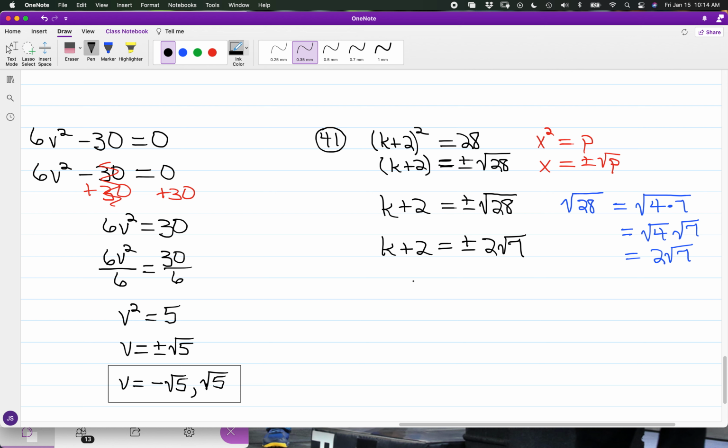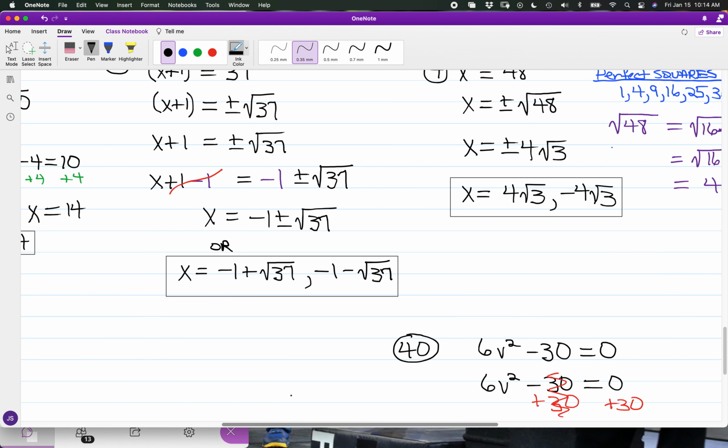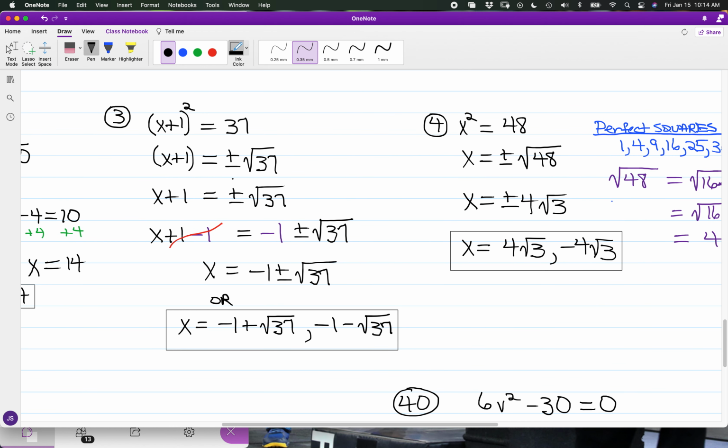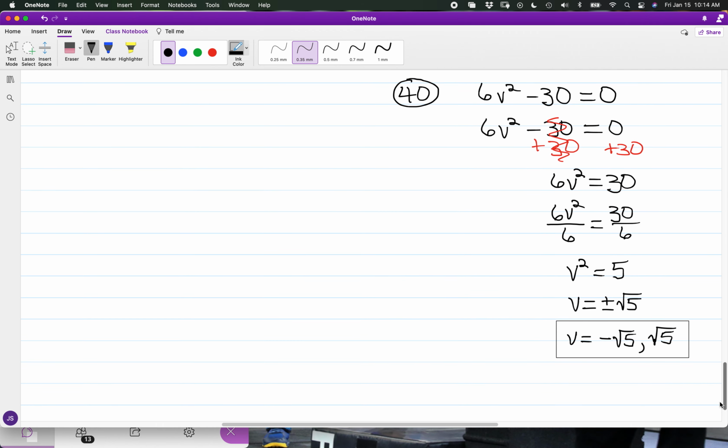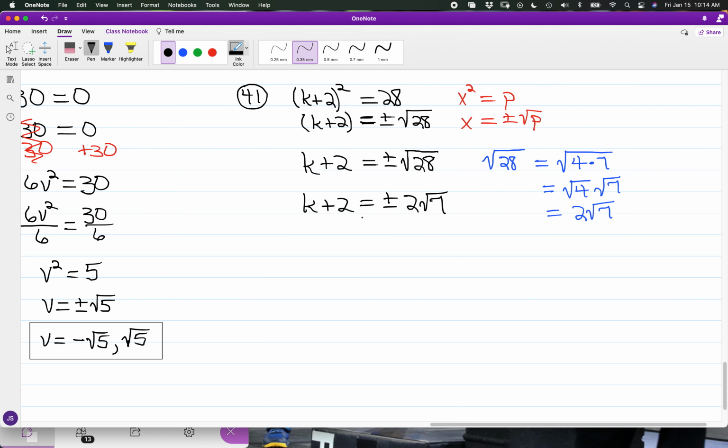And in compact notation terms, just like in the earlier example, which had a binomial x plus 1 set equal to plus or minus the square root of 37, whatever methodology I use to undo the constant, I want the created constant to be in front of the plus or minus irrational root combination. So we have k plus 2 equal to plus or minus 2 times the square root of 7.